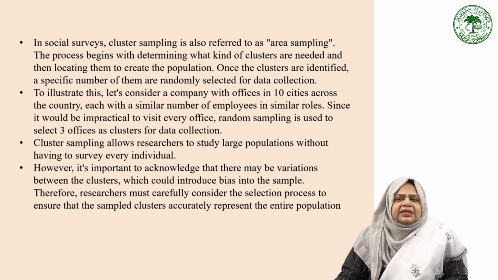Instead, researchers identify specific clusters within the population and randomly select a certain number of them for data collection. For example, if we want to study a company with offices in 10 cities across the country, rather than visiting every office, researchers can use random sampling to choose 3 offices as clusters for data collection.